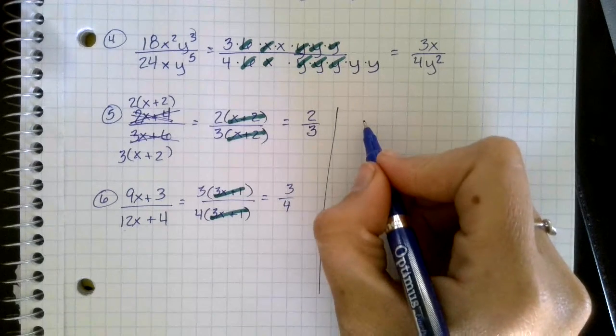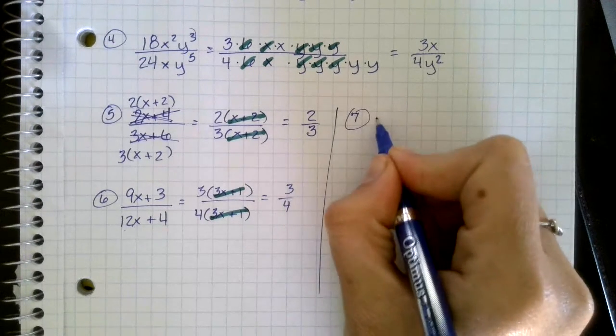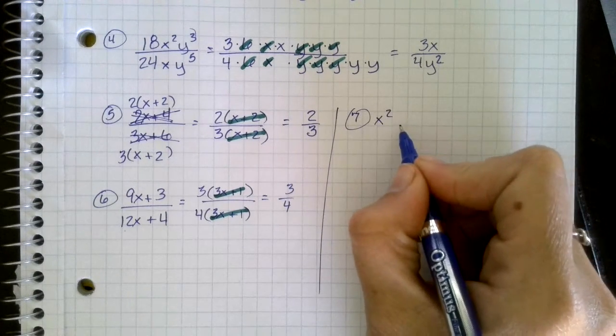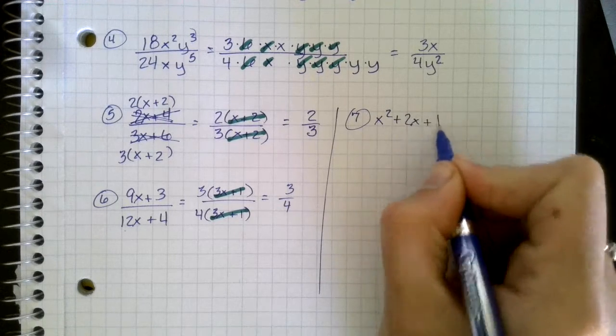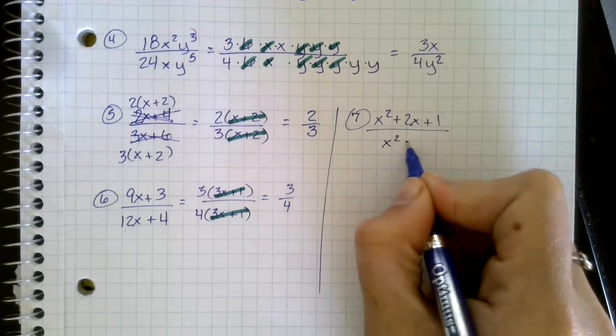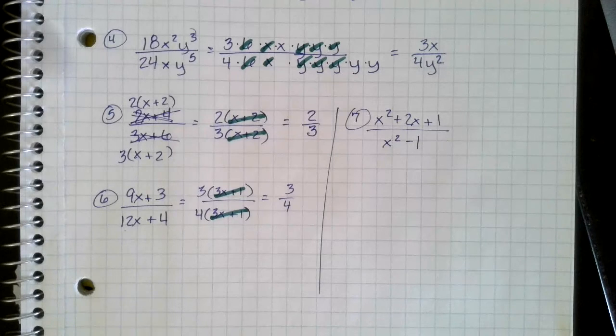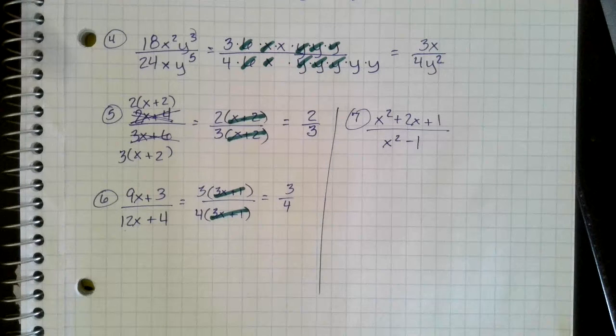Let's see. So now how about x squared plus 2x plus 1 over x squared minus 1. So now we're getting into a little bit more complicated factoring. We have to remember how to factor quadratics. That's our expressions with x squared.